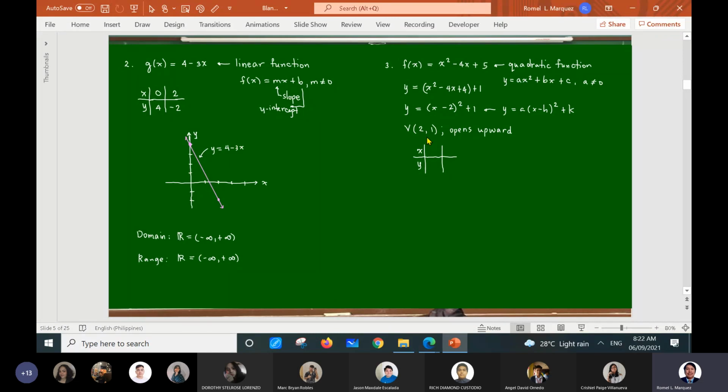So to the left, let's say 1, and then to the right, so let's say 3. What are the corresponding values, guys? 1 minus 4 plus 5, positive 2 here. So 9 minus 12 plus 5, still positive 2, no? Okay? So I'm now going to draw.